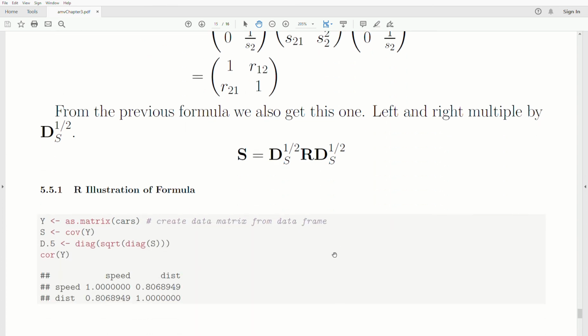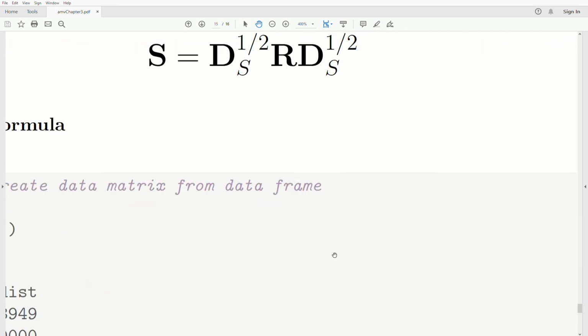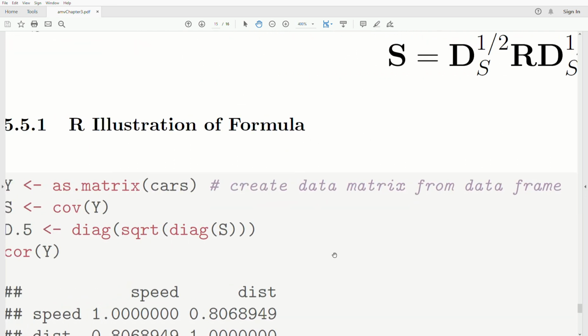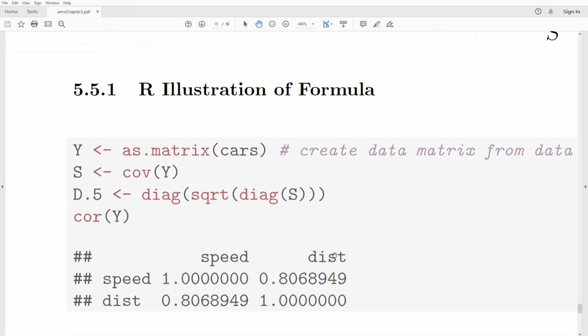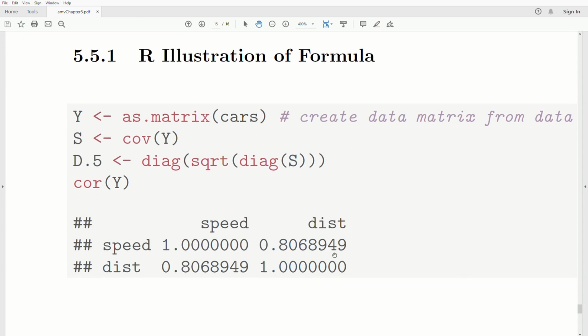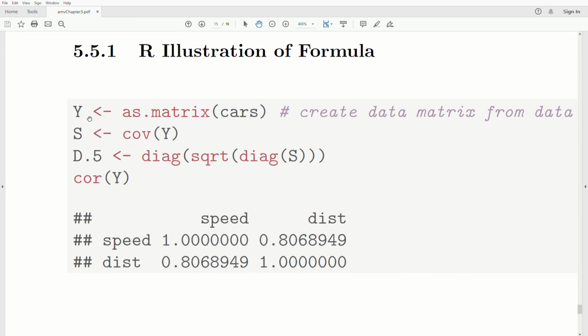Now, a brief R illustration of this. If we store the cars data frame as a matrix, call it Y, then we store the covariance matrix of Y into capital S. And then we take the diagonal elements of S, which grabs the sample variances, but then we have to square root them, and then diag it, which creates that diagonal matrix.